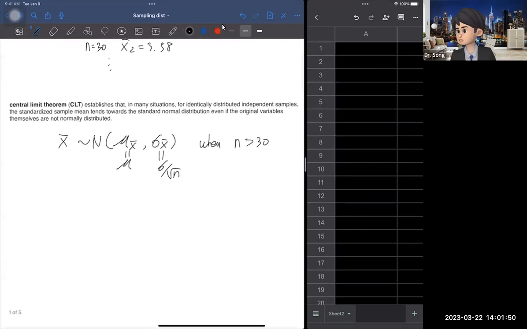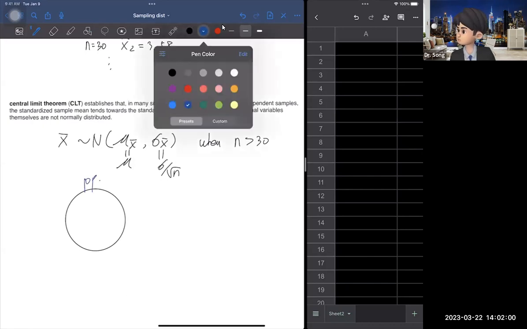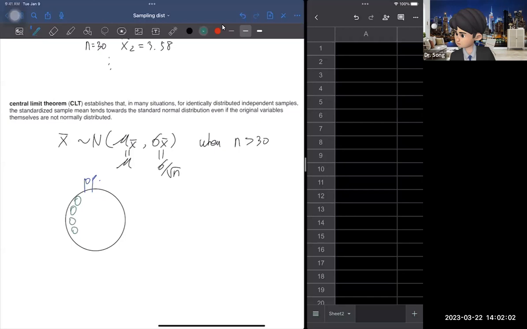But let me give you the intuition of why the mu of X bar is the same as the population mean mu. So here is a population. And then you get the sample, as many as possible, like this. And from each sample, you calculate the sample means. And when you have lots of samples, and it covers almost every population data, then it will be the same as the population mean.